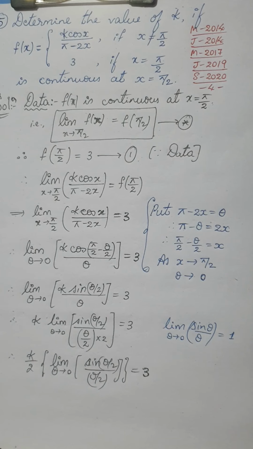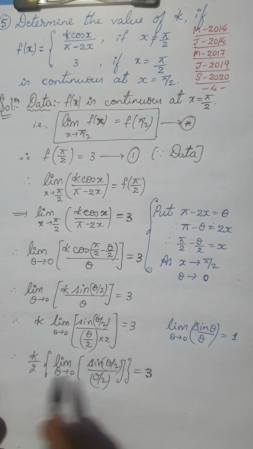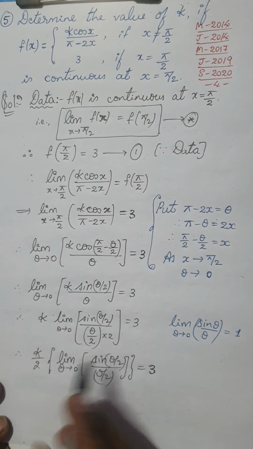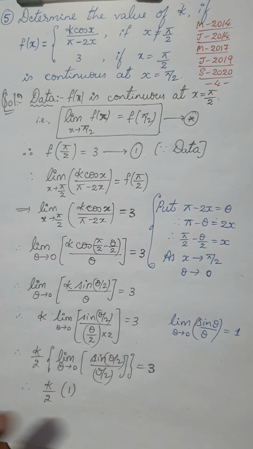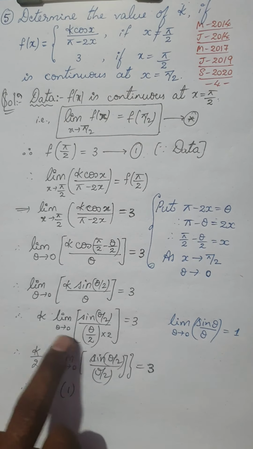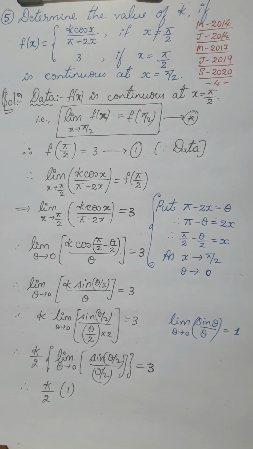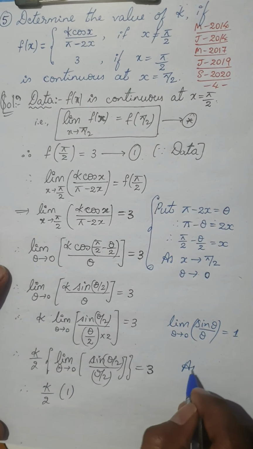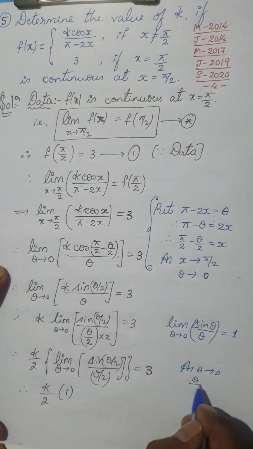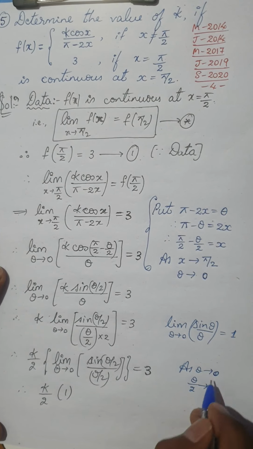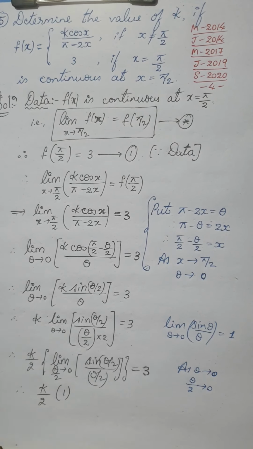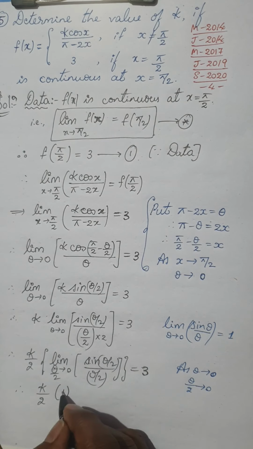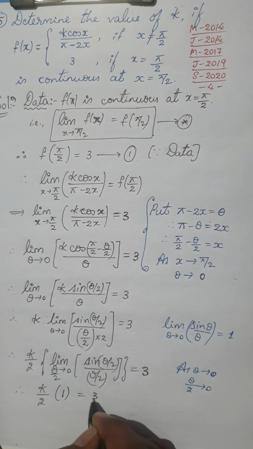According to this rule, this will be nothing but 1. So it's k by 2 into 1. Remember, this is also a very basic thing: as theta tends to 0, theta by 2 will also tend to 0. You can also take the limit here as theta by 2. So this entire thing becomes 1, and this is nothing but 3.